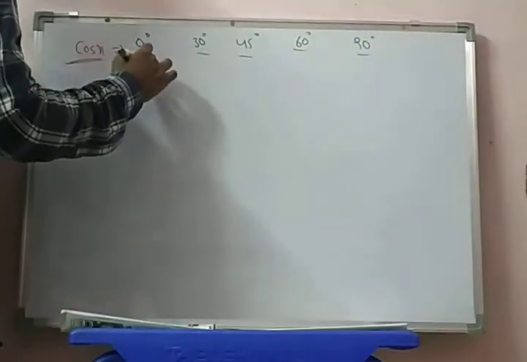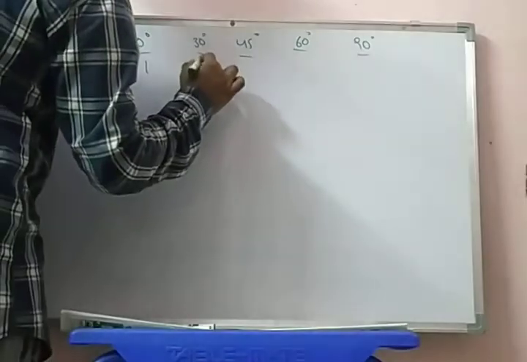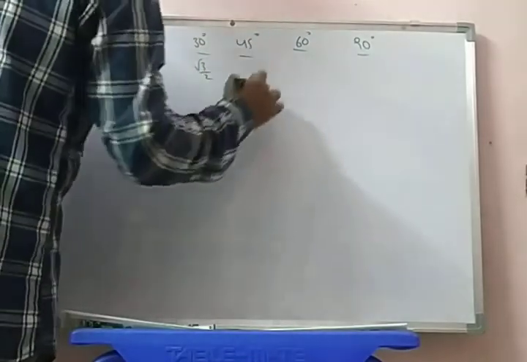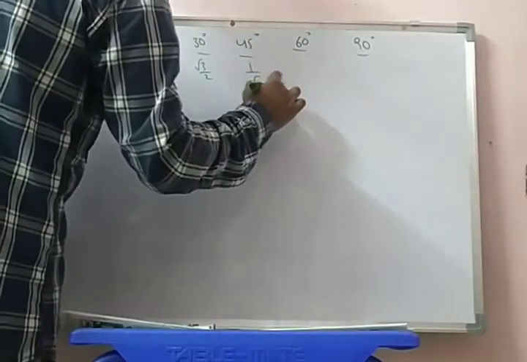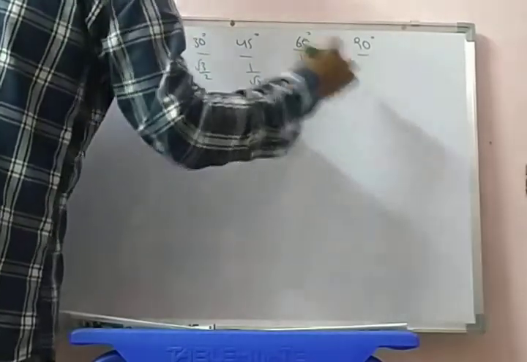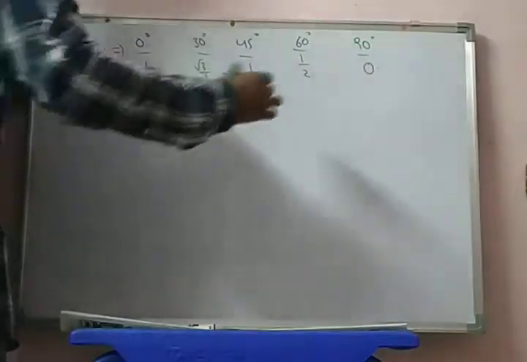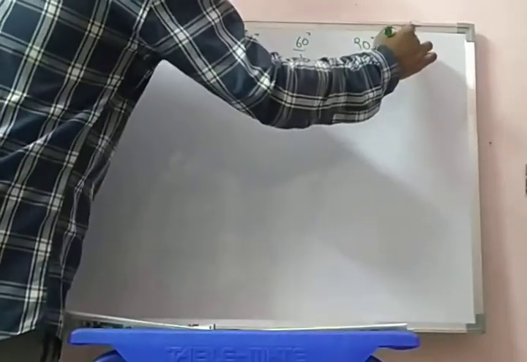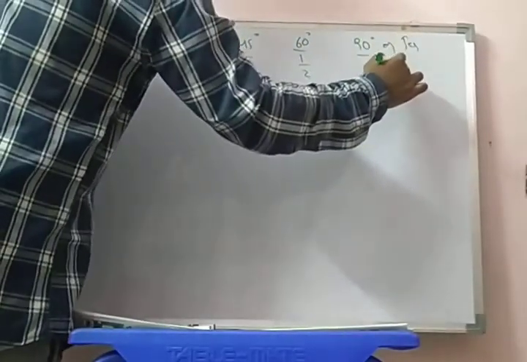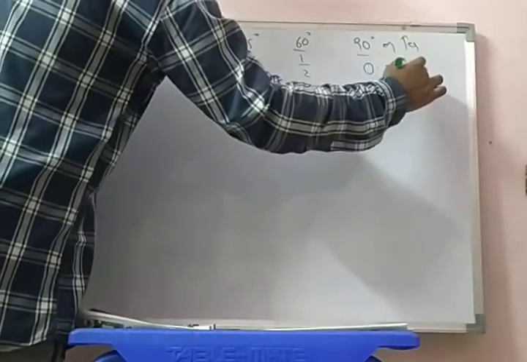Here cos 0 is 1, cos 30 is root 3 by 2, cos 45 is 1 by root 2, cos 60 is 1 by 2 and finally cos 90 is 0. So as the angle increases, the value of cos decreases.